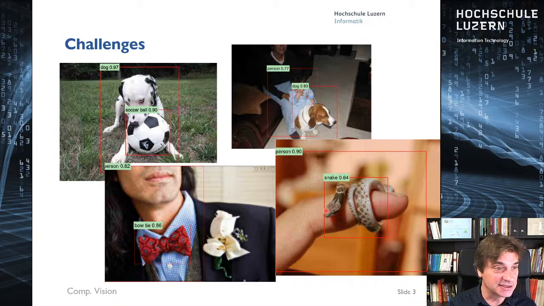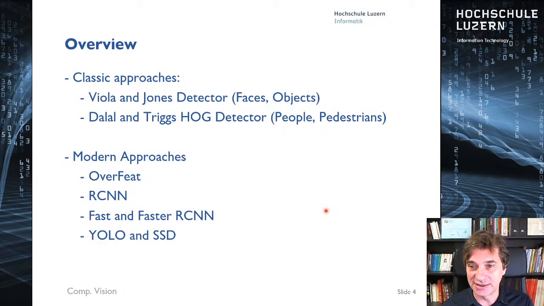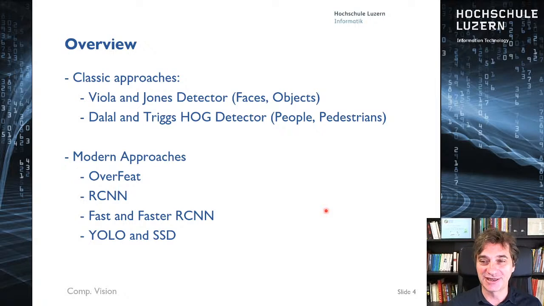So this is the task, and I would like to again look at it a little bit from a historical perspective, so that we look at what people were doing before there were convolutional neural networks, and what is the best that we can do now. We will start today with some classical approaches to that problem. One such very famous approach is the Viola-Jones detector for faces.